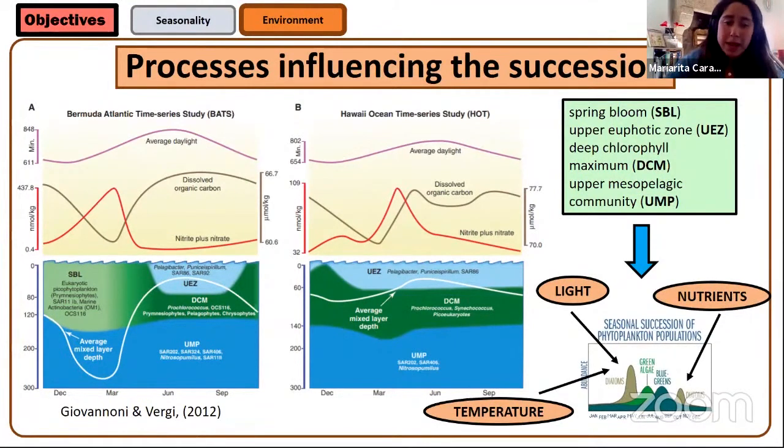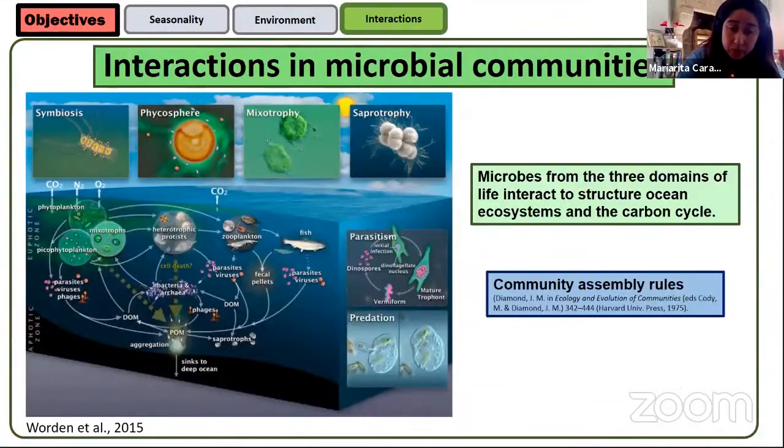Then, aside from light and temperature, we also have to consider macronutrients, because as I said, these organisms are participating in and shaping the biogeochemical cycles as much as biogeochemical cycles are also influencing those organisms. So nutrients have to be taken into consideration. But aside from environmental parameters, what has been brought to light in the last years is that biotic interactions have a very important role.